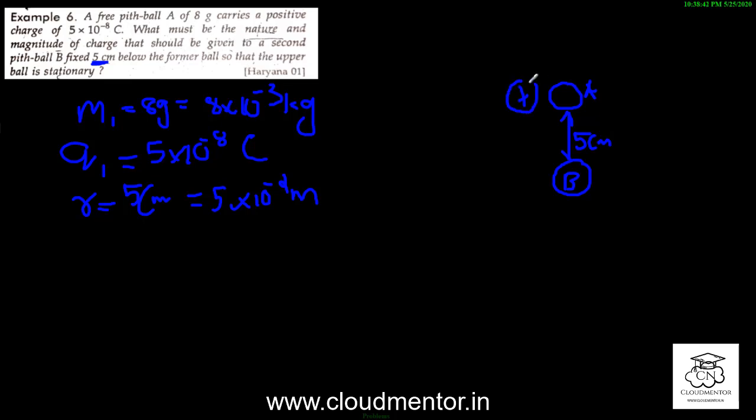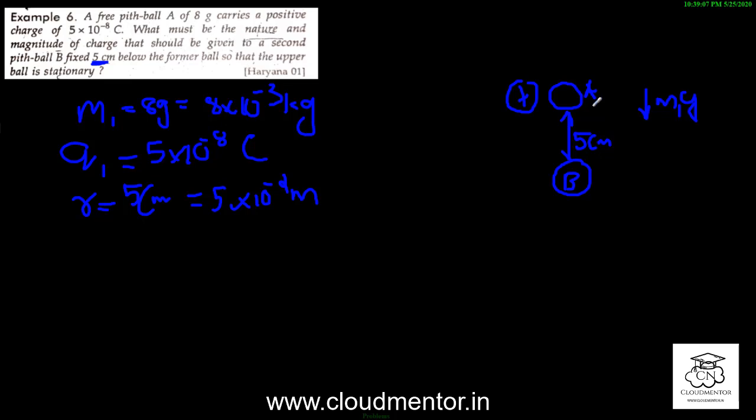It is asked what must be the charge of B so that the upper ball A is stationary. We know that this ball has a mass, so it must have a weight m1g, where m1 is the given mass of A, acting downwards.